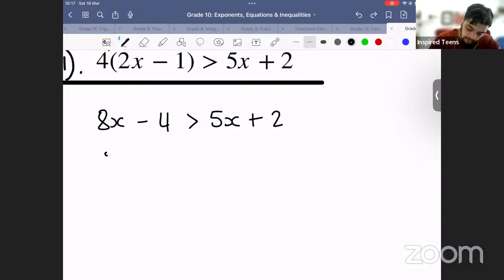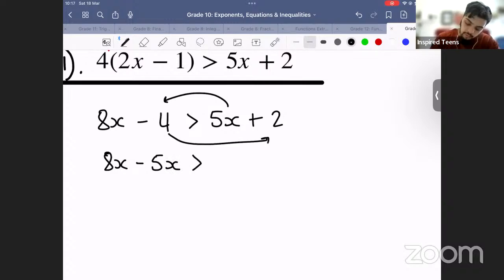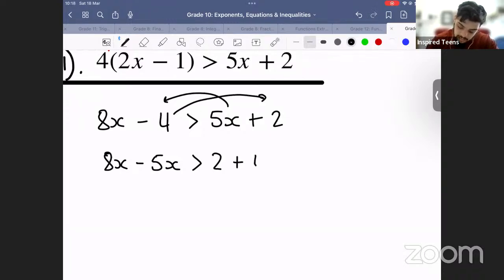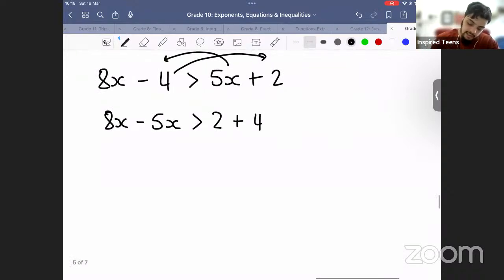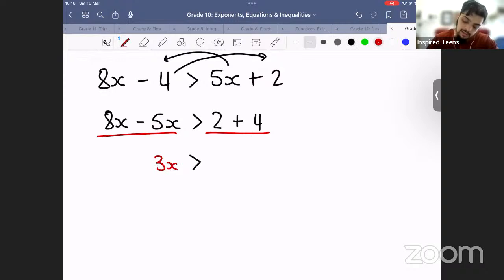So I'm going to bring the 5x over, so it becomes minus 5x, still greater than, and I'm going to take the negative 4 over, it becomes positive 4, so it's 2 plus 4. Now I have like terms, 8x minus 5x and 2 plus 4. 8x minus 5x is actually 3x. 3x is greater than 2 plus 4, which is 6.